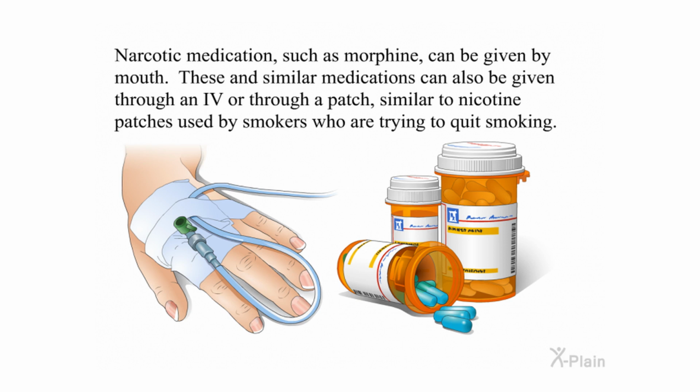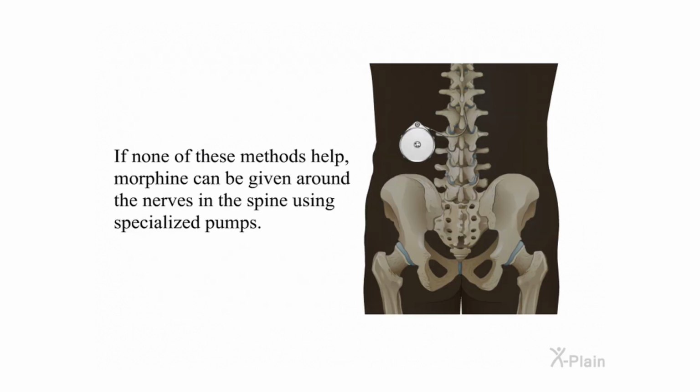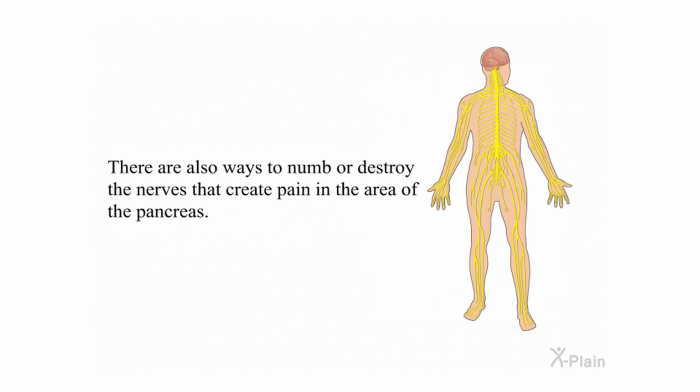These and similar medications can also be given through an IV or through a patch, similar to nicotine patches used by smokers who are trying to quit smoking. If none of these methods help, morphine can be given around the nerves in the spine using specialized pumps. There are also ways to numb or destroy the nerves that create pain in the area of the pancreas.